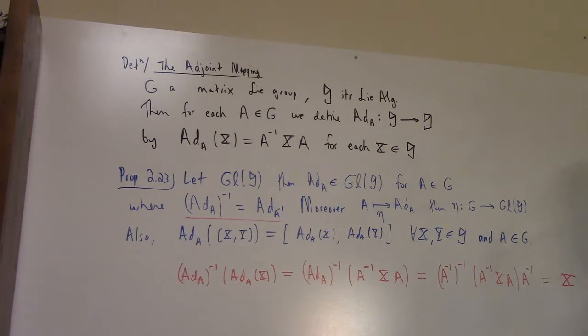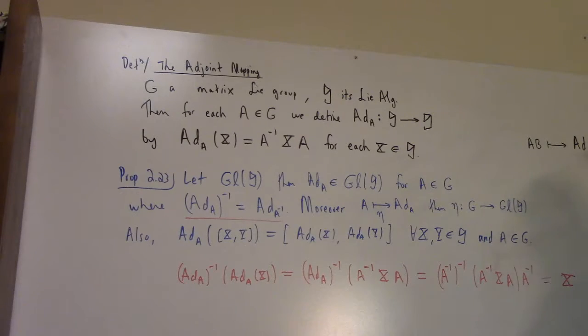Okay, so let's see here. At least we can, the group homomorphism, let's see if we can prove that. Well, if I have AB, that will map under eta to the adjoint of AB.